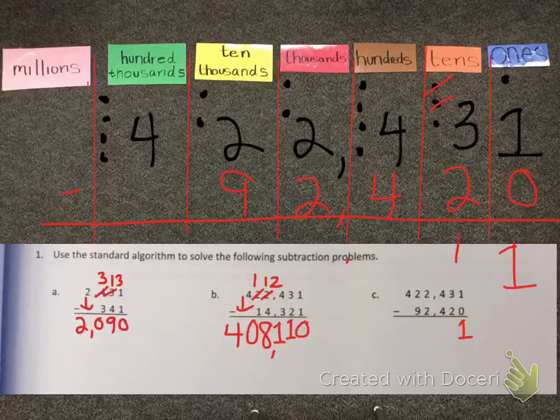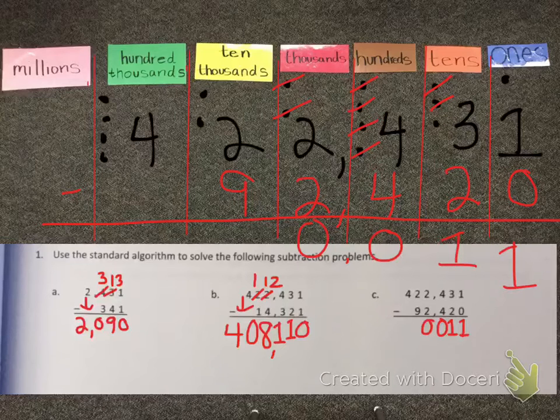Boom, boom. And that gives us 1. 4 subtract 4. So 1, 2, 3, 4. That gives us 0. So 1, 1, and 0. 2 subtract 2. Well, that gives us 0 as well.